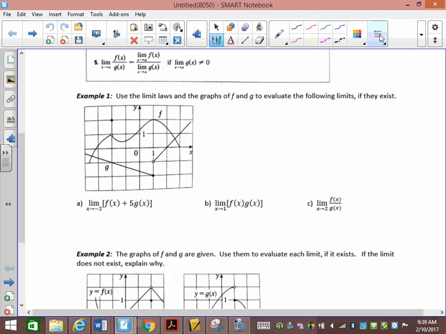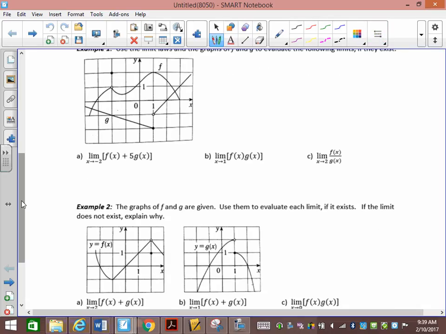If we look at this one, the limit as x approaches -2 of f of x plus 5 g of x. We could write this out in two steps. You can go the limit as x approaches -2 of f of x plus the limit as x approaches -2 of 5 g of x. But instead of having the 5 in there, where can I put the 5?